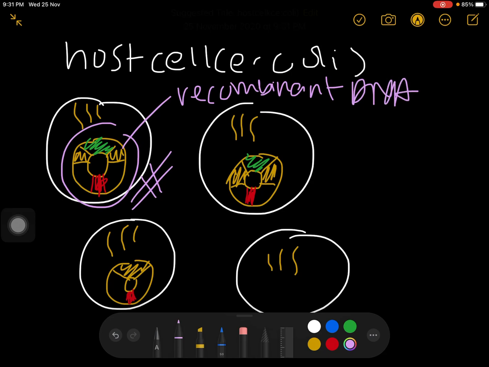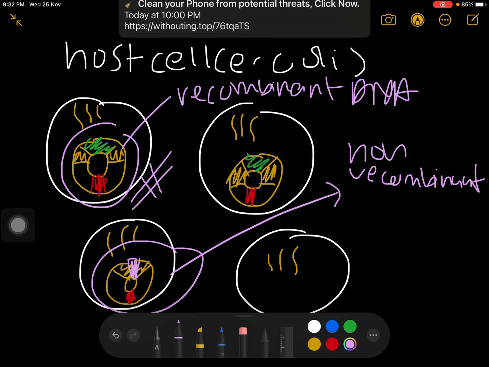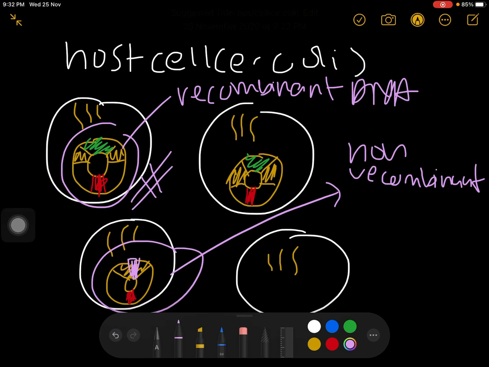It could be with or without the gene of interest. The second one is a cell with a plasmid that is non-recombinant, because there is no target gene that we want here. And the last one is the whole cell but without plasmid.